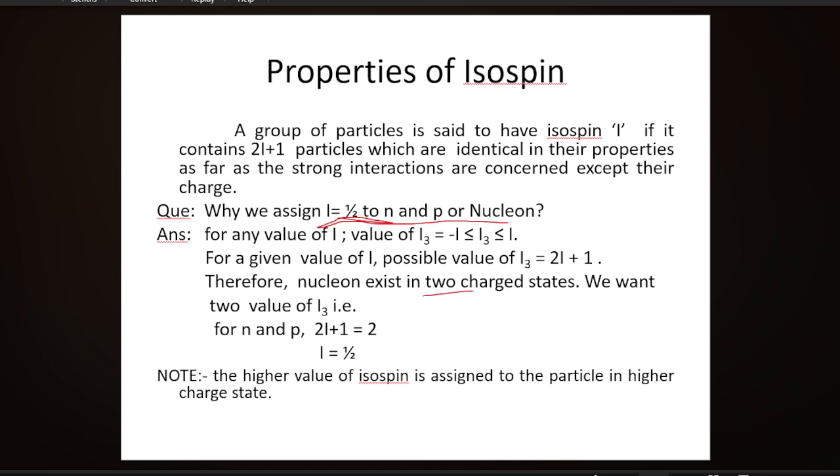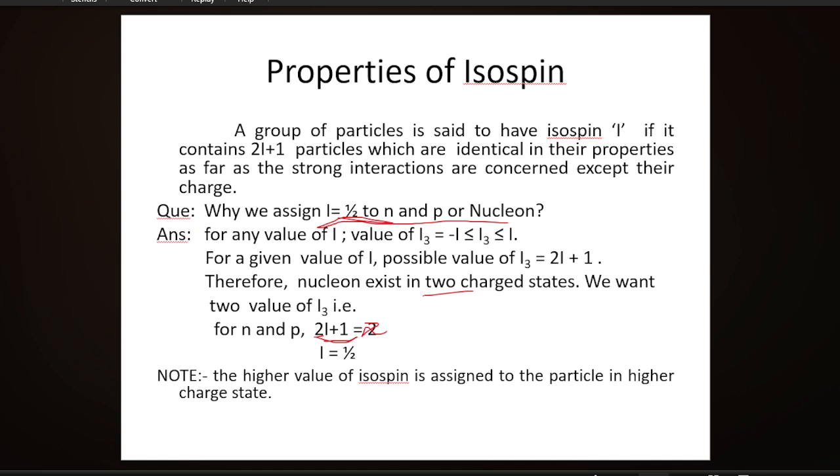We want the value of I3. Therefore, here see how we will find it. We have to set 2I plus 1 equal to the number of particles. Inside nucleons there are 2 particles, that is neutron and proton. We have 2, that's why we write it equal to 2. Now 2I plus 1 equals 2.